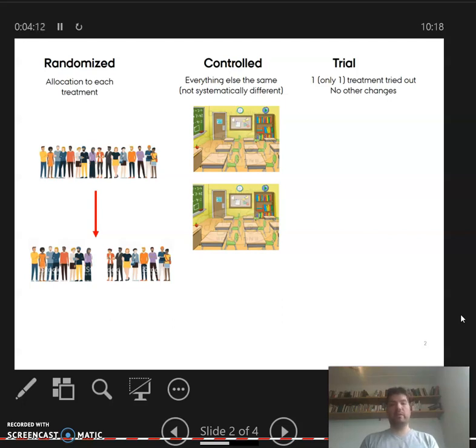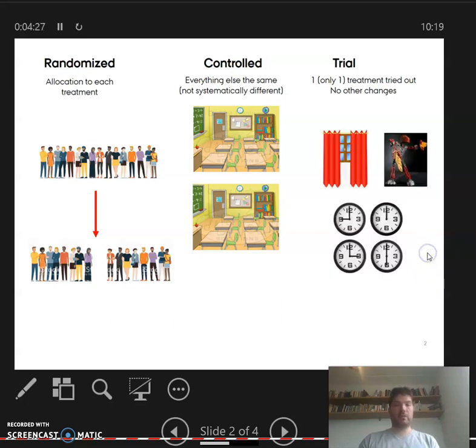We know that if we put people into different classrooms and, for instance, change the teaching styles, the classrooms might be slightly different. So we're going for this aim of having no systematic differences between two different settings.